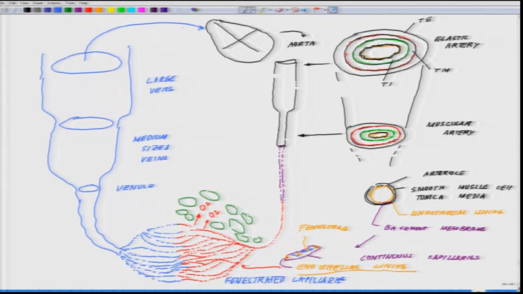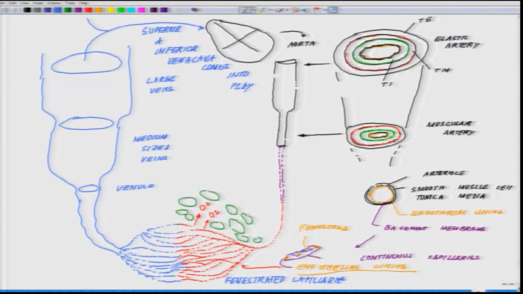And this is where your superior and inferior vena cava comes into play.